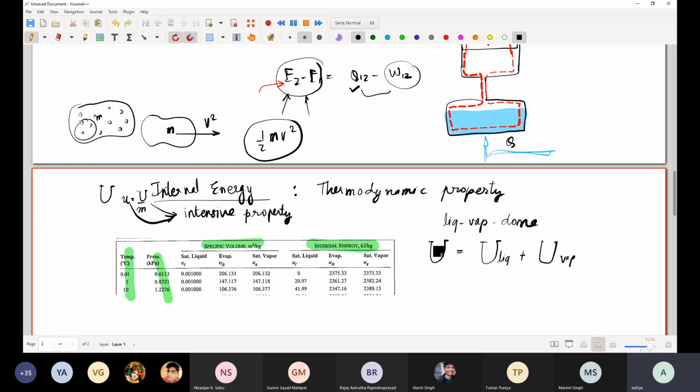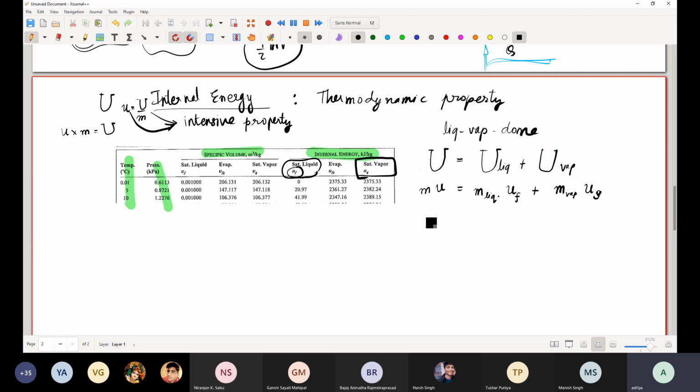So the total internal energy is equal to the specific internal energy times the mass of the system, right? So we can say mass times the specific internal energy of the system is equal to the mass of the liquid times the internal energy of the liquid, which for saturated liquid is denoted by UF, plus M of the vapor times U of the vapor, which is denoted by UG.